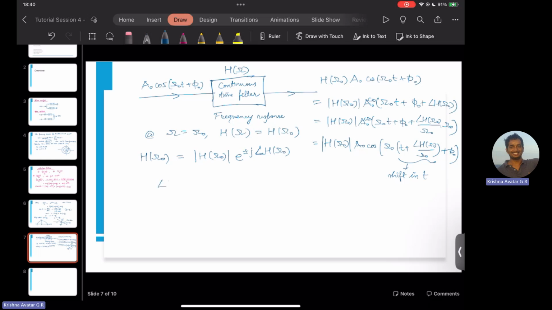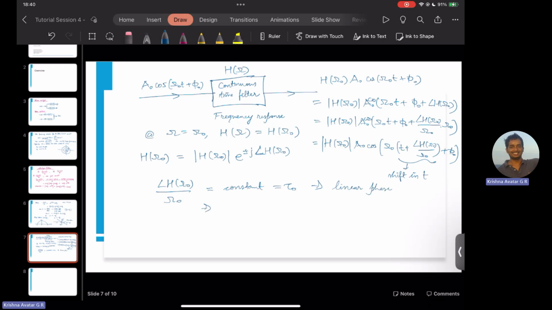And now let's look at this angle of H of omega naught divided by omega naught. Now, if this ratio happens to be constant, some tau naught, then we call this linear phase. If this is the case, then it is linear phase.